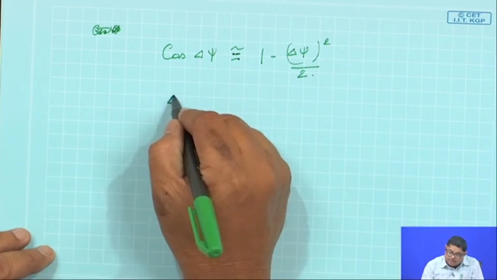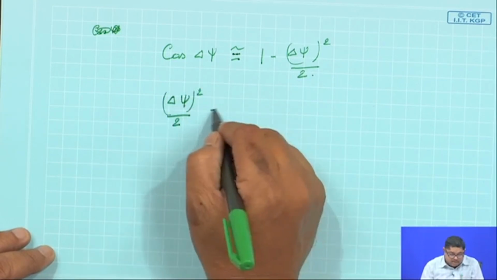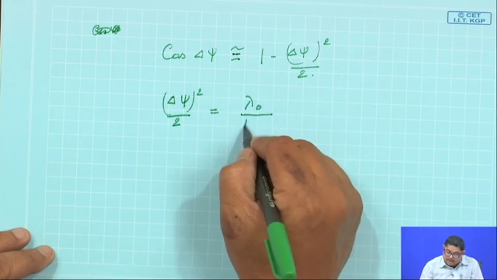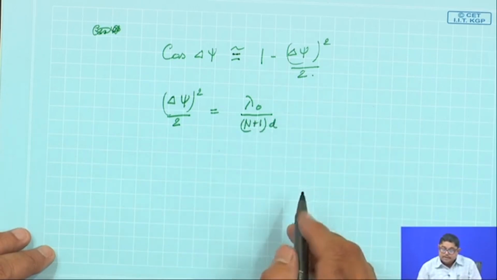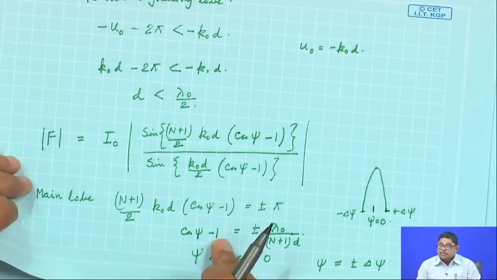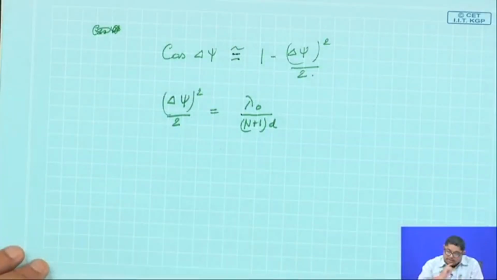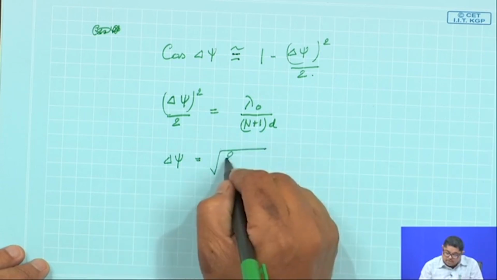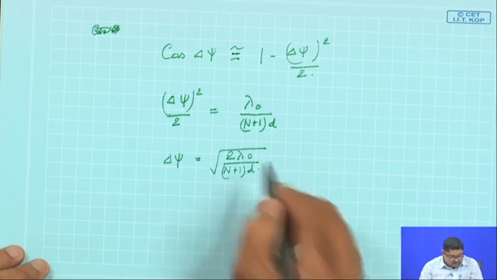So, we can put that delta psi square by 2 is equal to lambda naught by n plus 1 into d, is not it? Because already we have found this cos psi minus 1 is this. So, equating this, we get this. So, what is delta psi? Delta psi is square root of 2 lambda naught by n plus 1 into d.